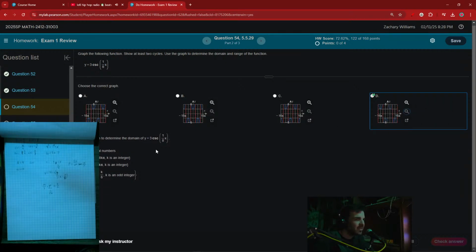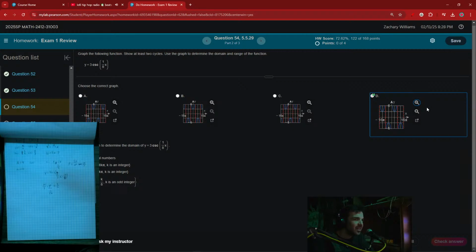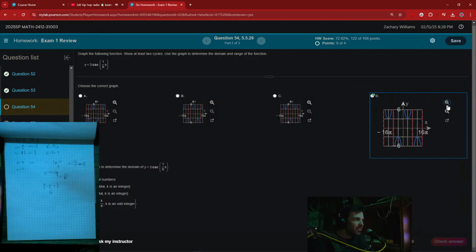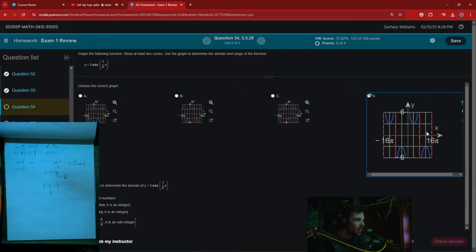Okay, determine the asymptotes of y equals 3 times cosecant of 8x. K pi. Okay. Look at this. I think the asymptotes are at 8, and 0.